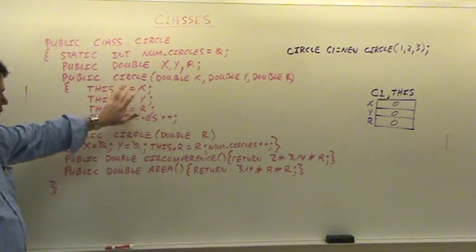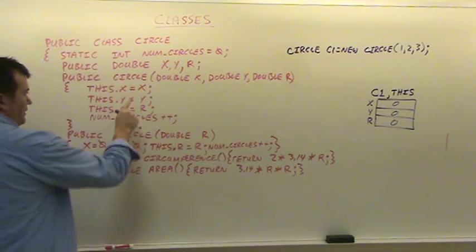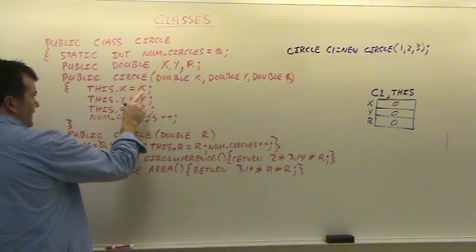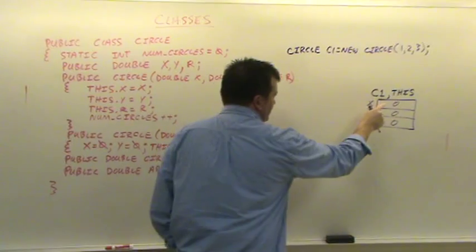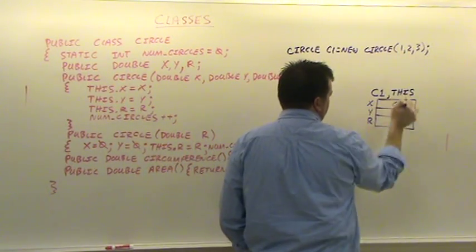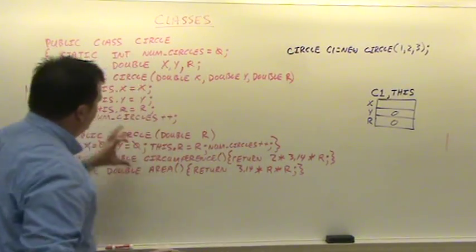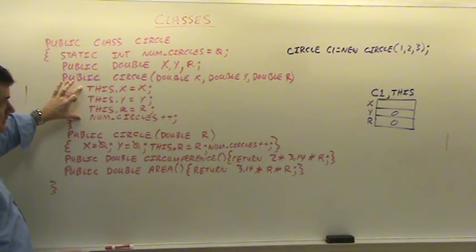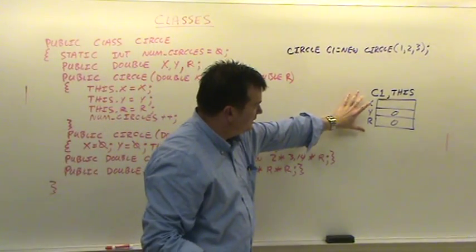I just want to show you that you can do it this way. So now what we're saying is that the parameter that came in under x gets written to this location. So the 1 gets written here. What I'm doing with the pen is what the constructor method is doing. So this object has not been completely constructed yet.